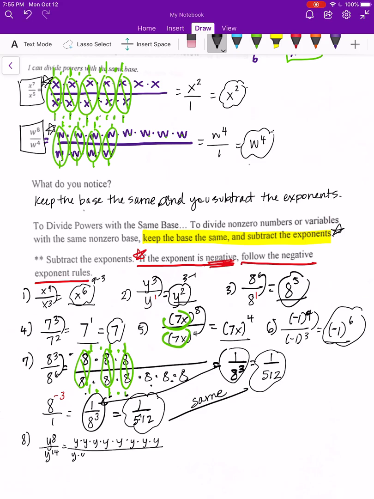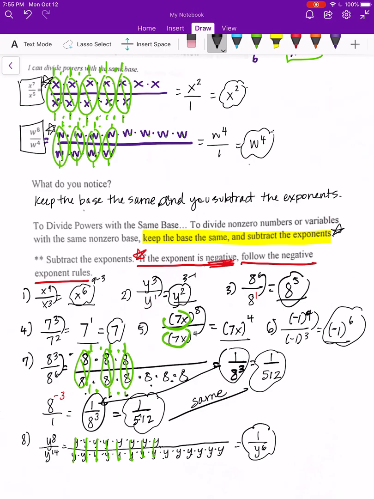And of course, these cancel. And so that gives me 1 over, and then I have 1, 2, 3, 4, 5, 6. 1 over y to the 6th.